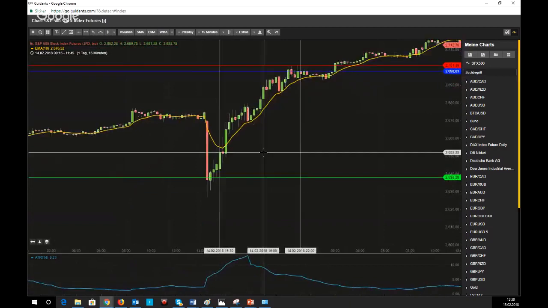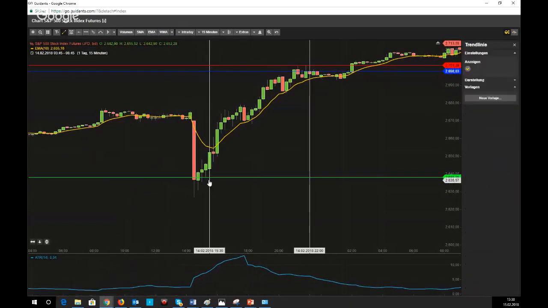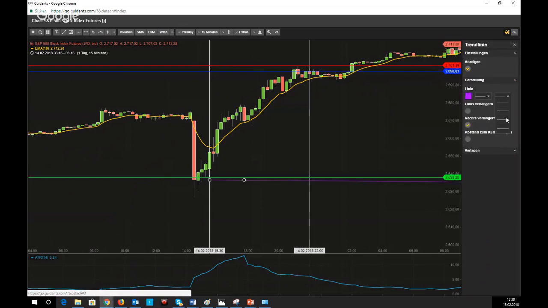So yesterday, and therefore we want to use the purple line. So this is the low. In fact, it's the green line.